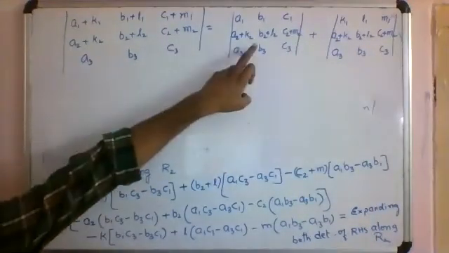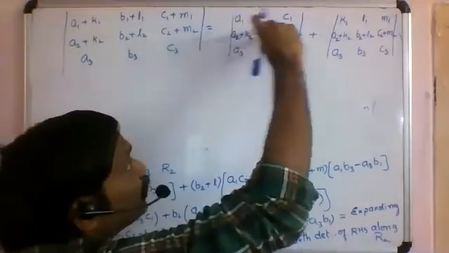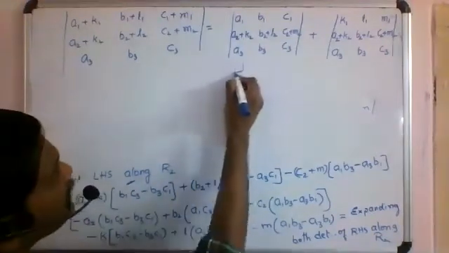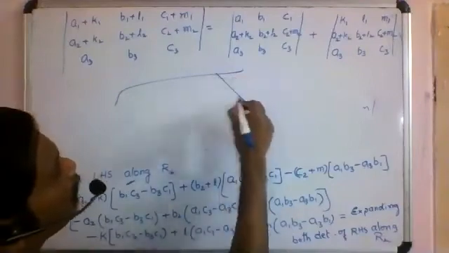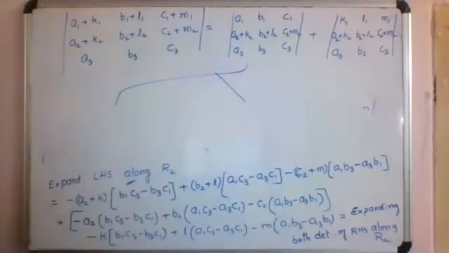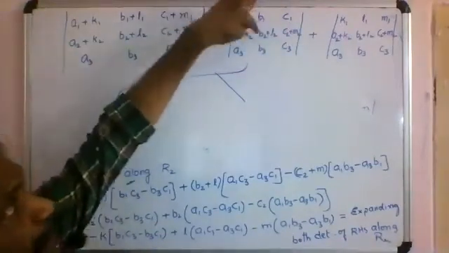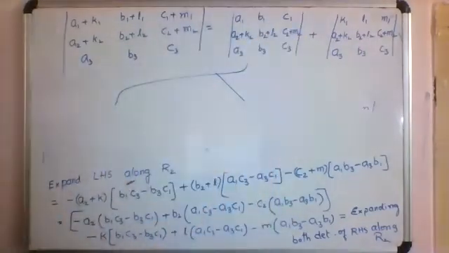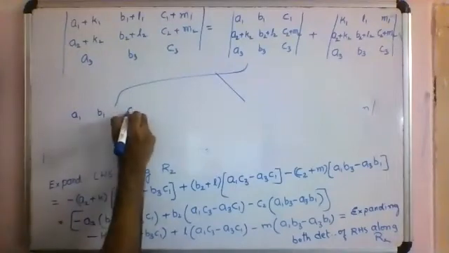Still we can split this into again 2, because if any row contains sum of 2 elements, that can be split into 2 determinants, I said. So again, this can be split into 2. Now you concentrate on second row, because second row elements contain sum of 2 elements. First row, third row elements remain the same. So A1, B1, C1.